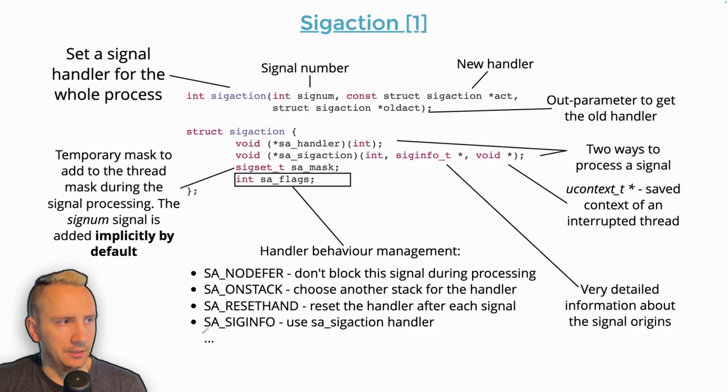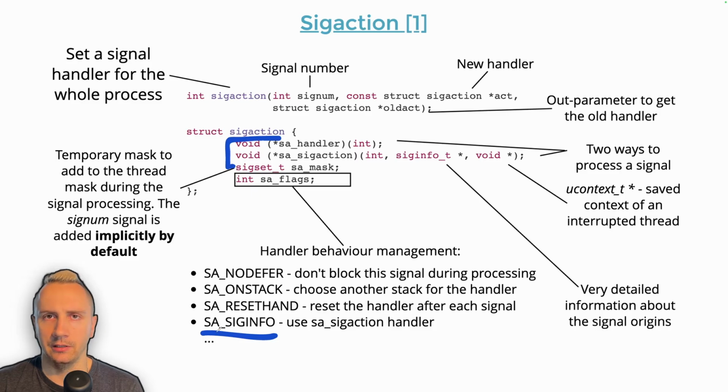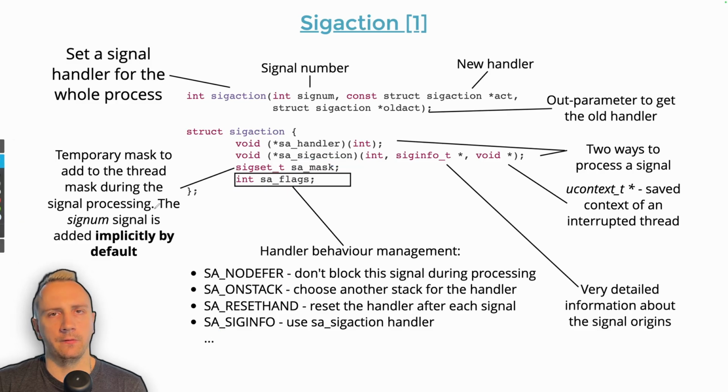And the last flag is, it's not the last, but the last one we are looking at, SA_SIGINFO. It's regulating which of the signal handlers to use. If you specify the SA_SIGINFO flag, then this handler will be used by the kernel. If you do not specify this flag, then this handler will be used.